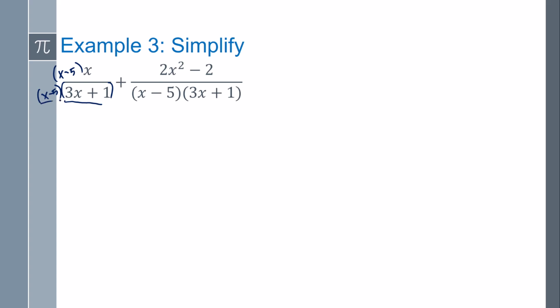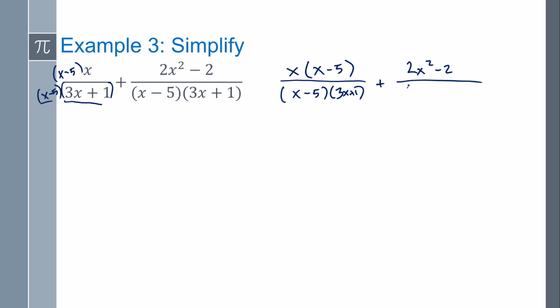It's always a good idea to rewrite it. Spend the step to rewrite it. Even though it takes 10 seconds, it makes life easier. It helps our brains visualize what's going on a little bit better.